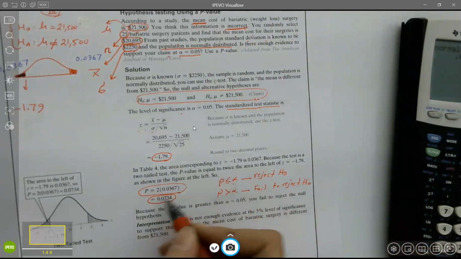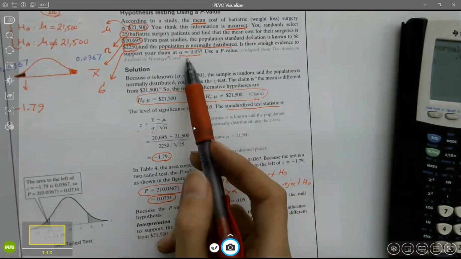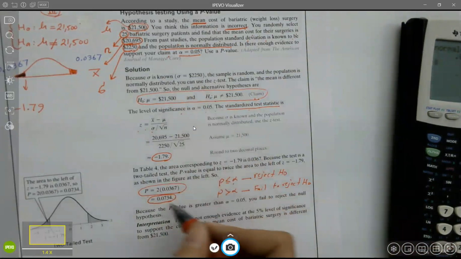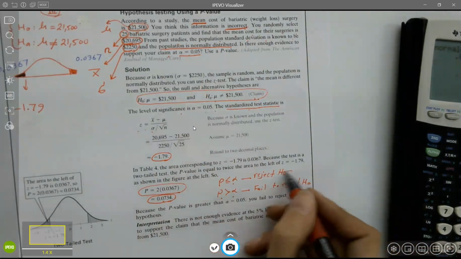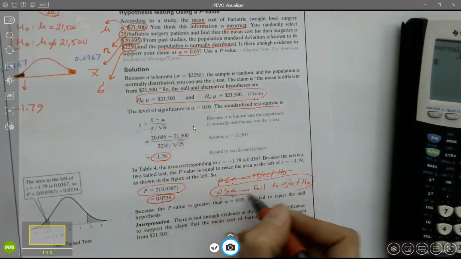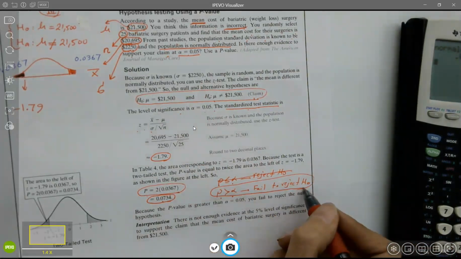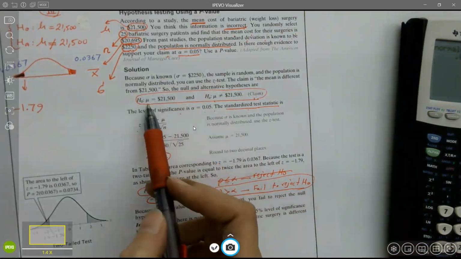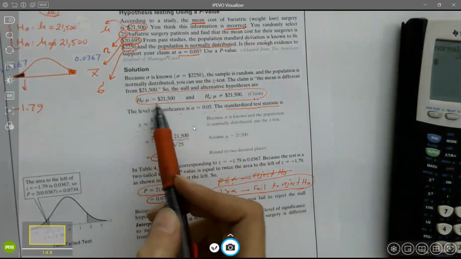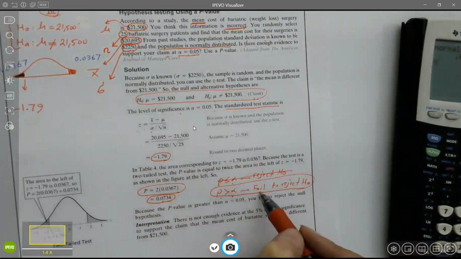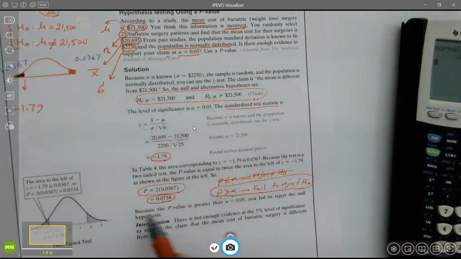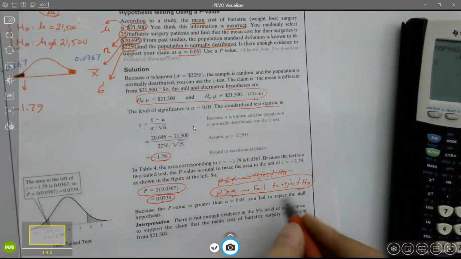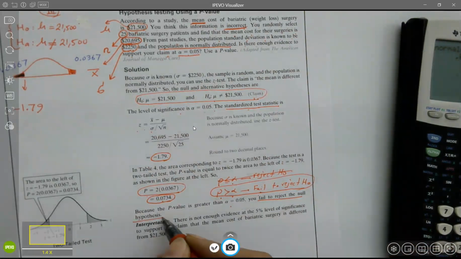P is almost 7% and alpha is 5%. 7% is greater than 5%. Because the p-value is greater than alpha, we fail to reject the null hypothesis.